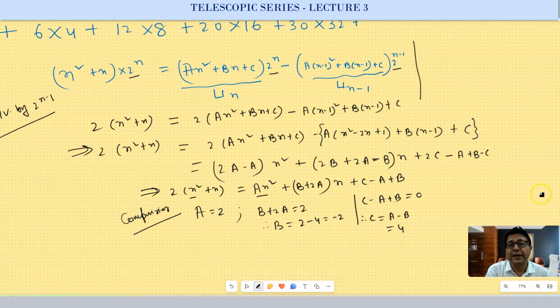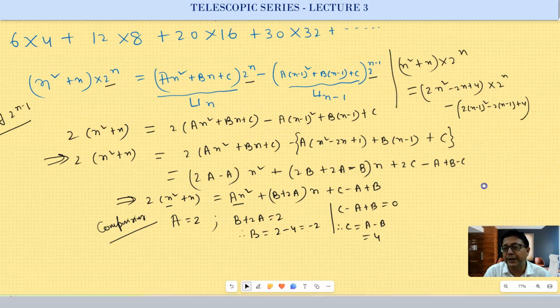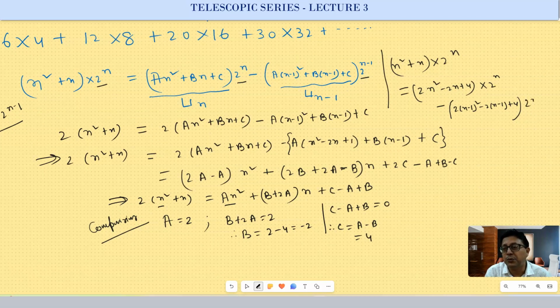So what can you write here? n square plus n into 2 to the power n equals, if you put a, 2n square minus 2n plus 4 into 2 to the power n, minus a n minus 1 square, that is 2 times n minus 1 whole square minus 2 n minus 1 plus 4 whole thing multiplied by 2 to the power n minus 1.